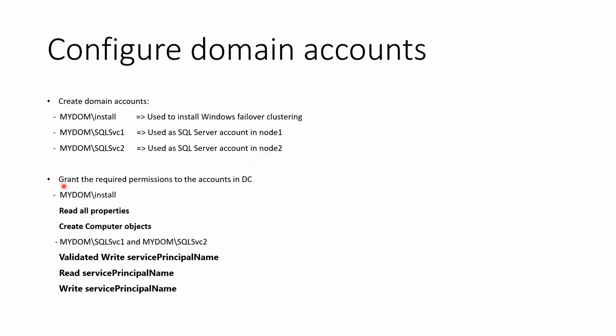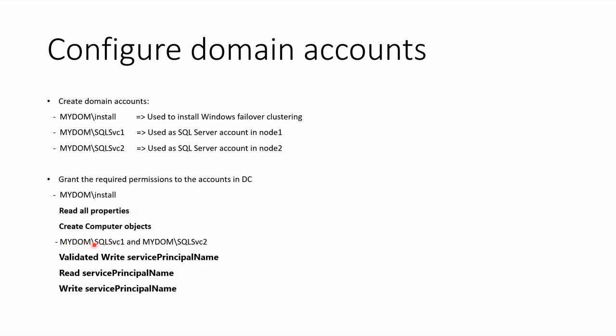Afterwards, we give necessary permissions to the accounts in the domain controller. For the install account, we give read all properties permissions and create computer objects permission. This allows the install account to create necessary objects in the domain controller for our cluster.